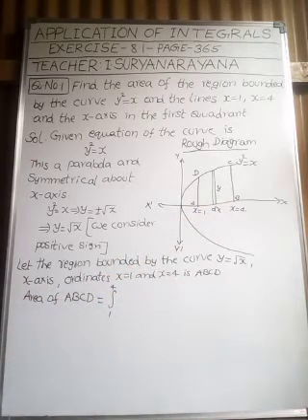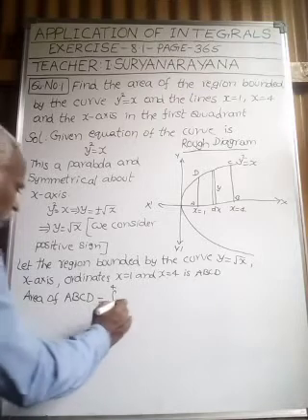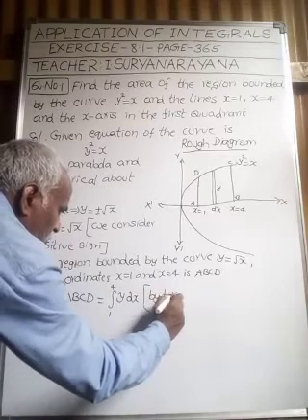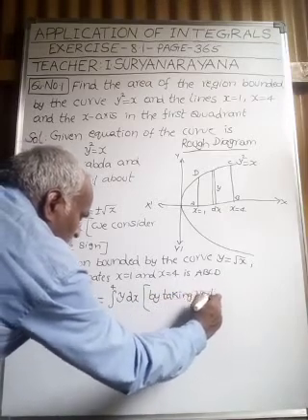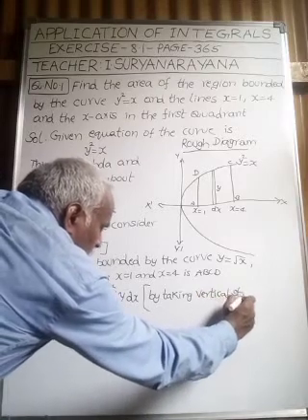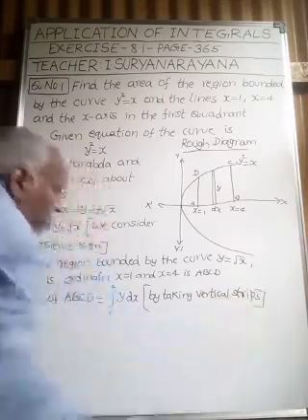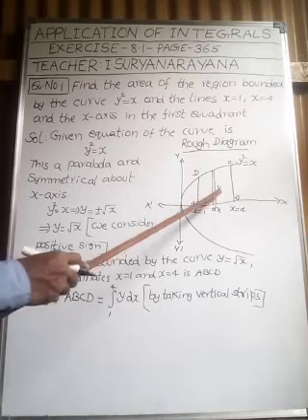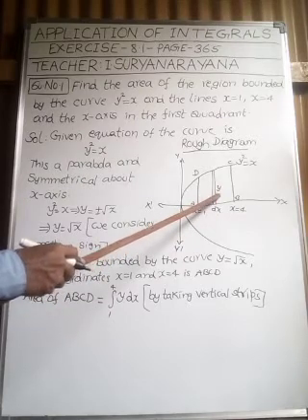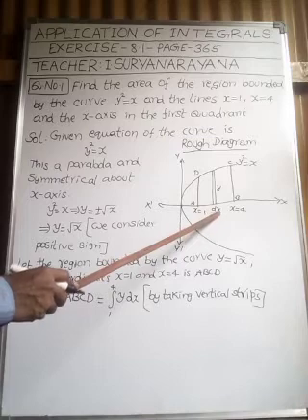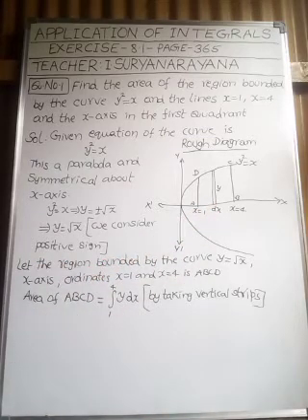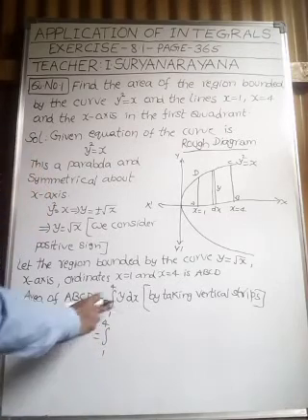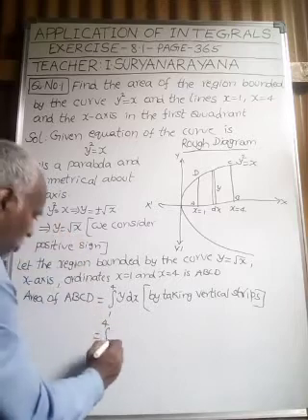We considered here vertical strips, so y dx. y is the length of this thin vertical strip and dx is the width of this thin vertical strip. Understood this point, my children? That is equal to integral 1 to 4. What is the value of y? We have found y is equal to root x, dx.